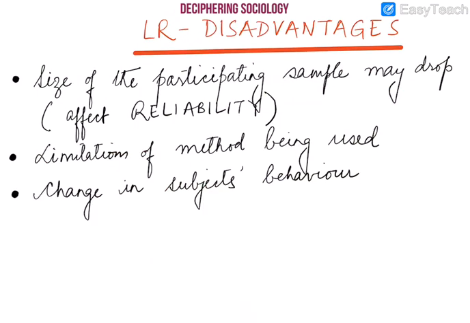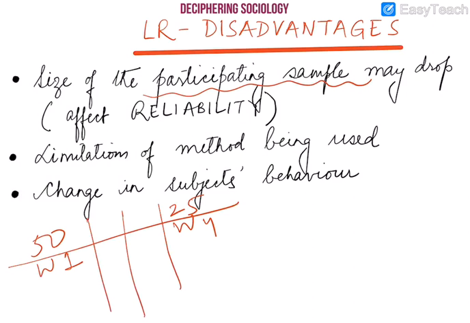But it also has certain disadvantages. Why? Because the size of the participating sample may drop. Let's say I am observing 50 people in week 1, then maybe in week 4 there are only 25 people who are willing to be interviewed.